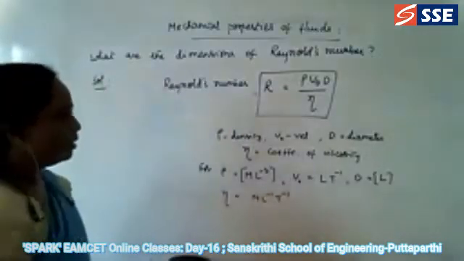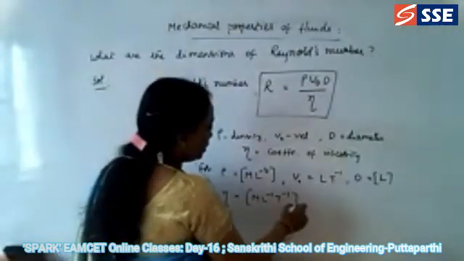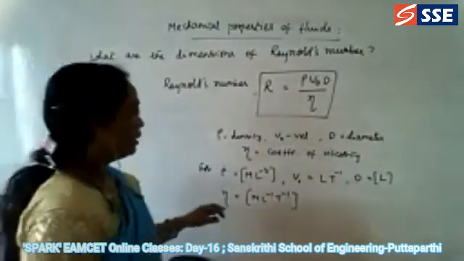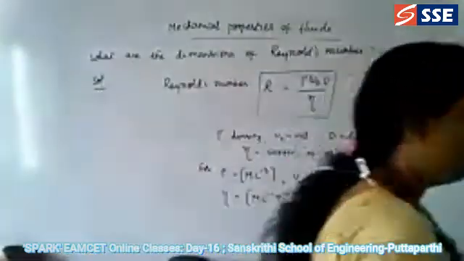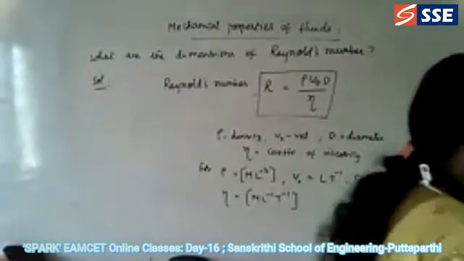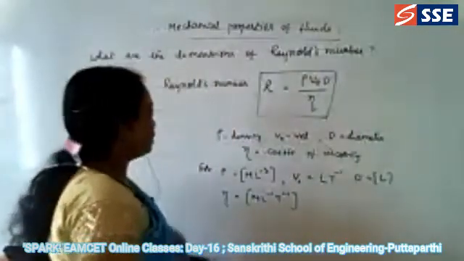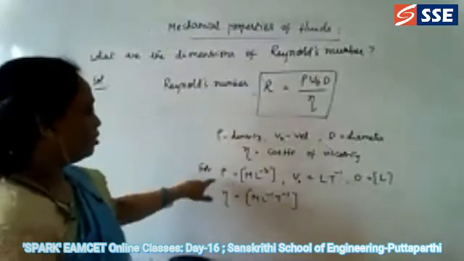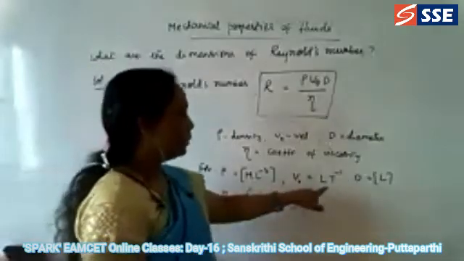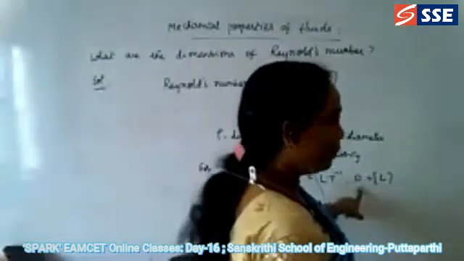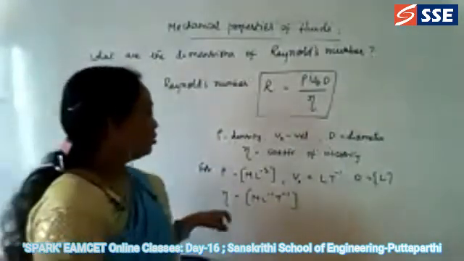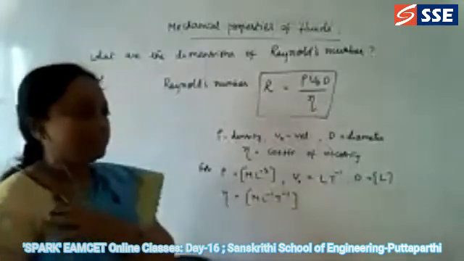Substitute and tell me, what are the dimensions for Reynolds number? If rho is density having ML power minus 3, V naught is the velocity LT power minus 1, D is the diameter L, and eta is the coefficient of viscosity ML power minus 1 T power minus 1.